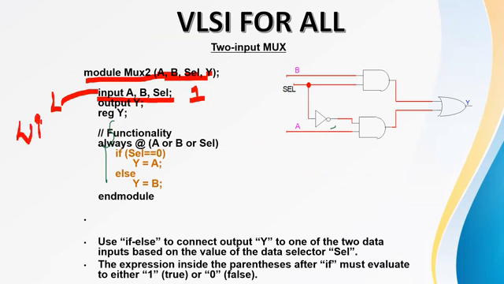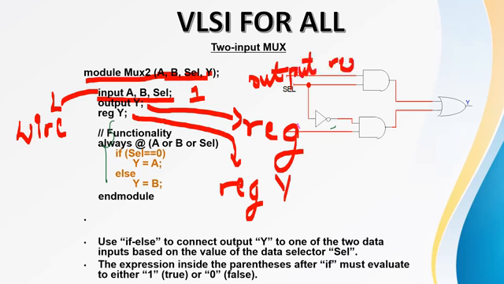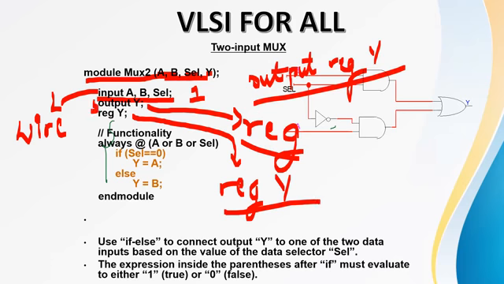Even if I don't declare it as a wire, it will still become a wire. I have not declared the reg here. I can declare it outside also, in the next line, as reg Y. Or you can directly take it as output reg Y. These are also possible.